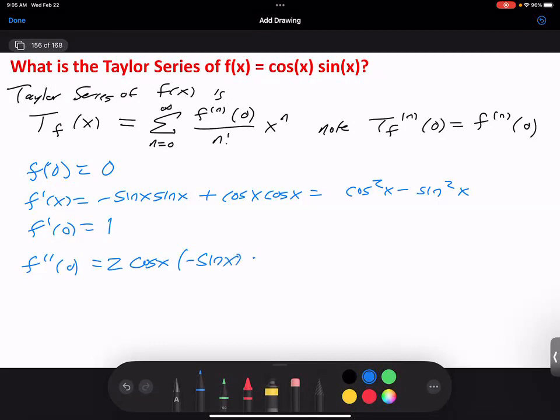And then we have minus 2 sine of x, and the derivative of sine of x is cosine of x. So what does this equal? Minus 4 cosine of x sine of x. Yes? And what is f double prime of 0 equal to?